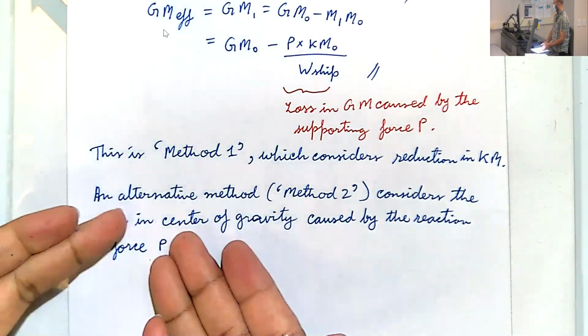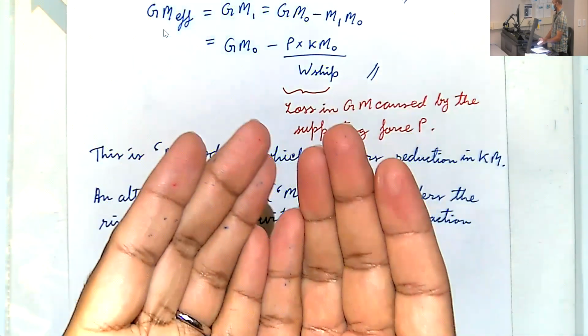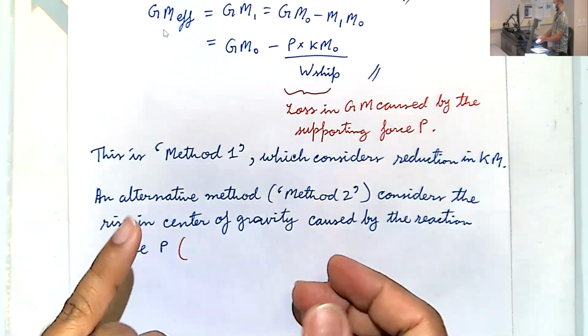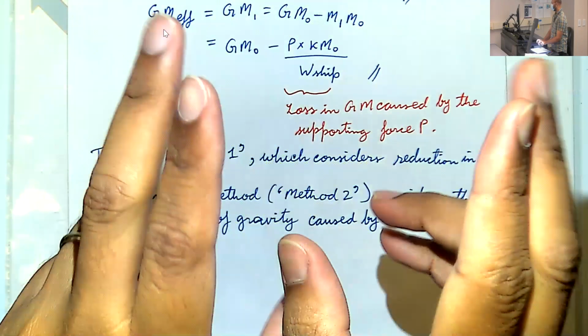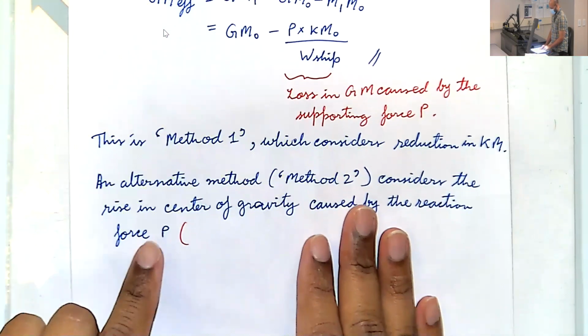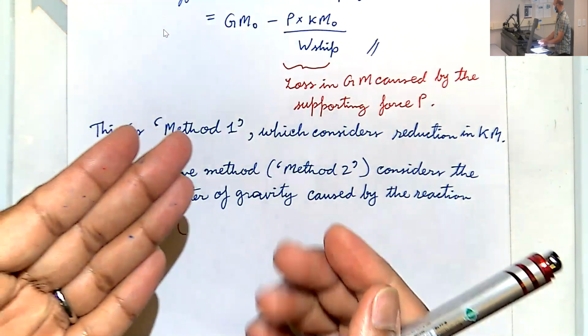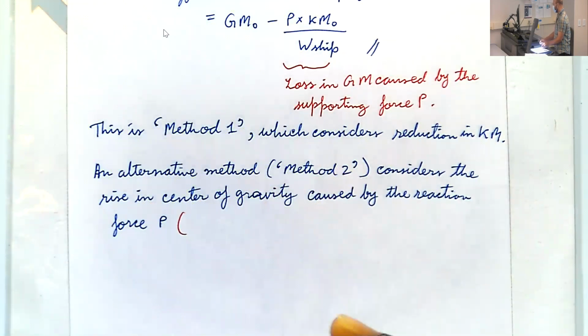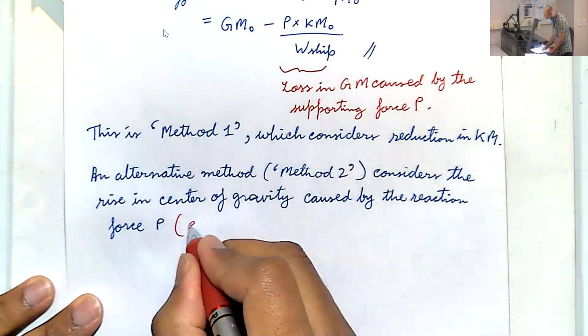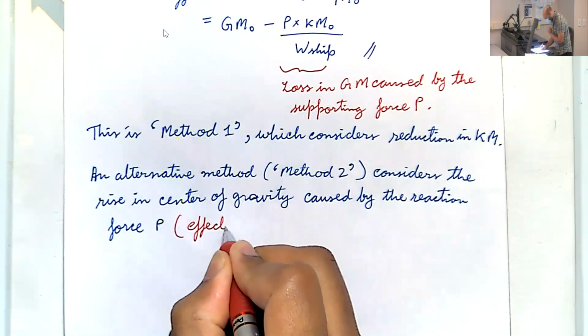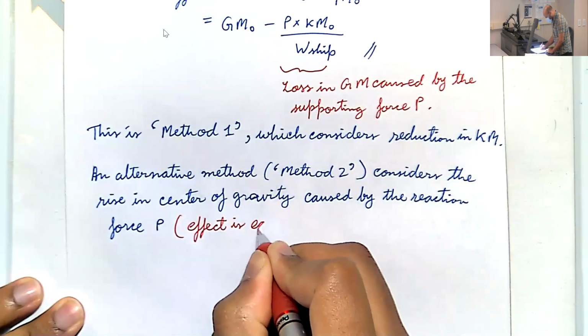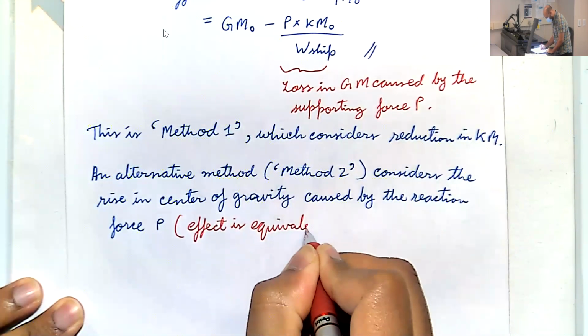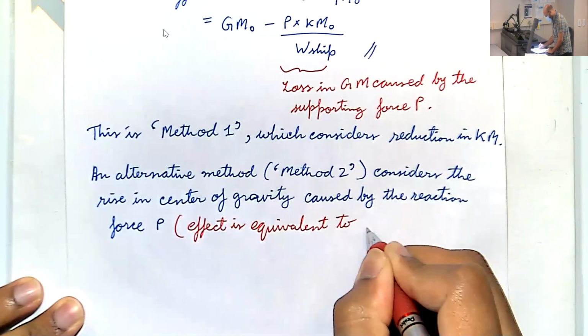You're decreasing the total weight of the hull because of this support, the seeming effective weight of the hull. So when unloading cargo, you expect the CG to go up. Same thing happens here. Effect is equivalent to unloading cargo.